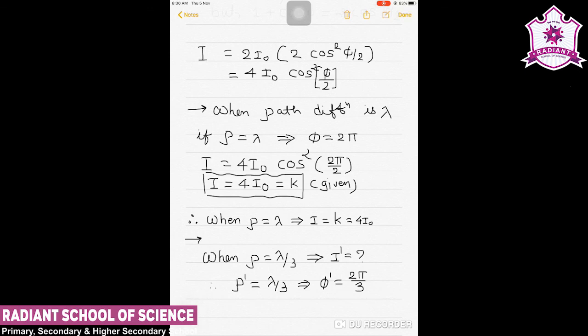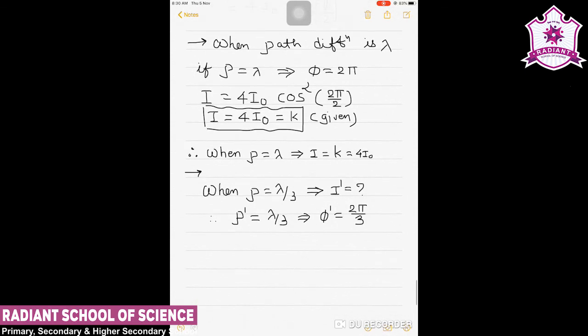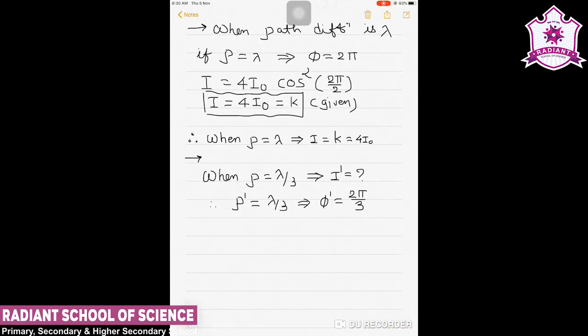So when we put this value into the above equation, intensity I dash is equal to 4I0 cos square, ultimately it will be pi by 3, because 2 will cancel out.